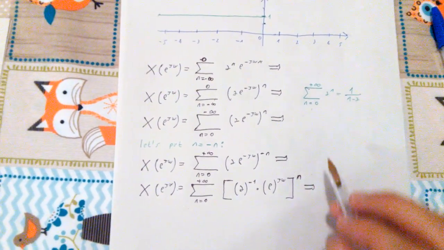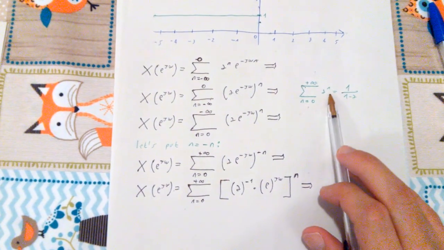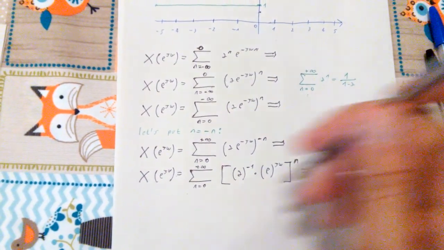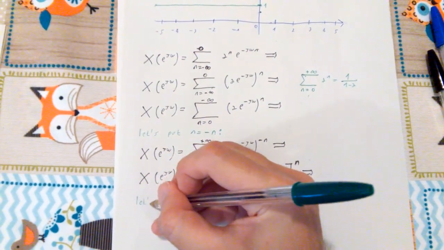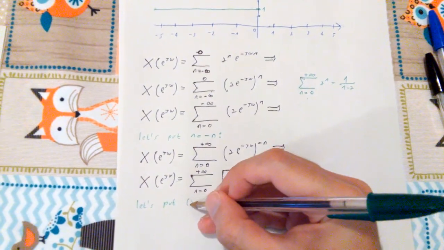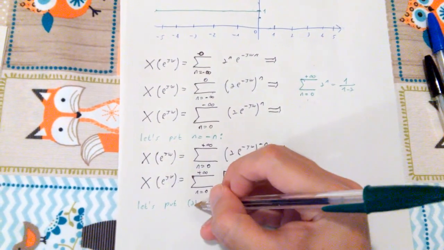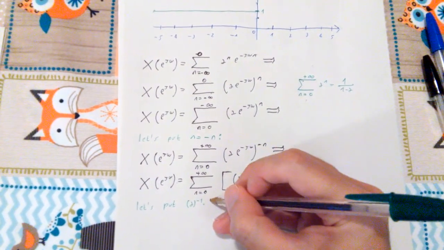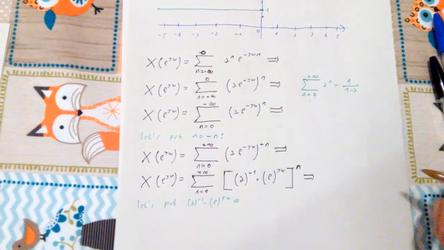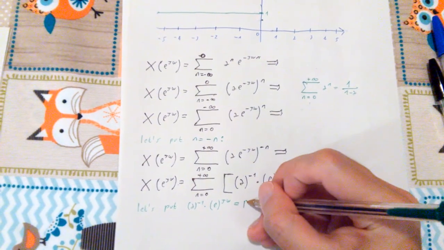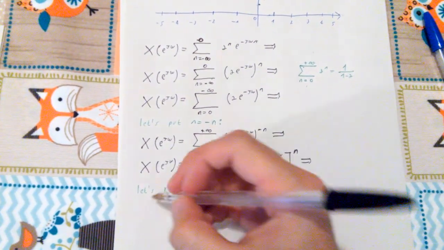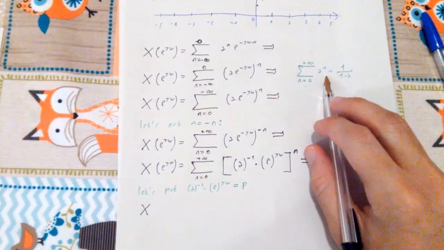So positive n. So now we're good to go because we can use this formula. So let's put this whole thing, a to the negative 1 times e to the j omega, equal to p. Now if we do that, we're going to get to this formula.